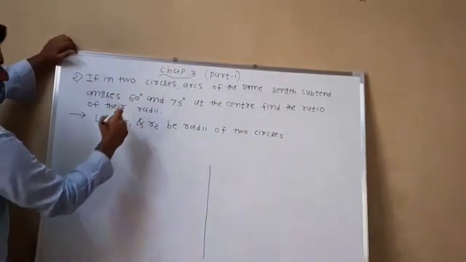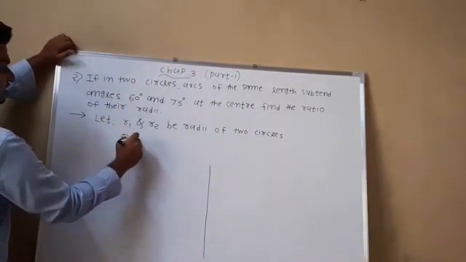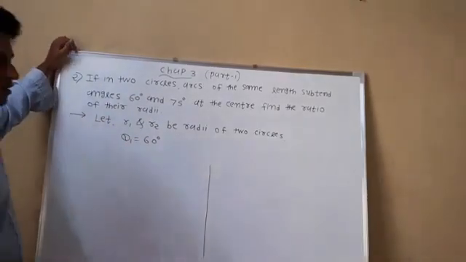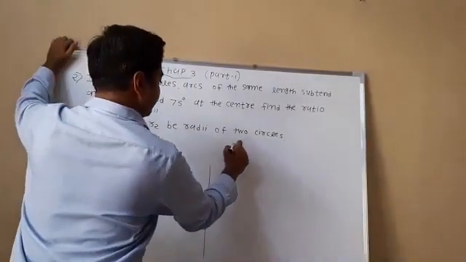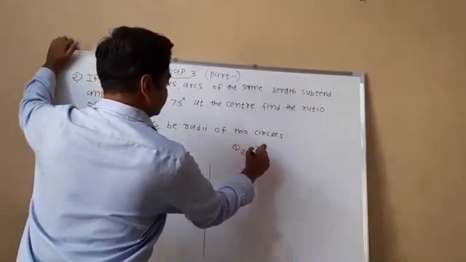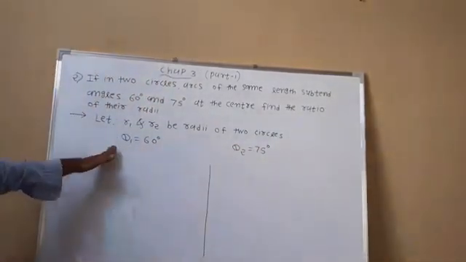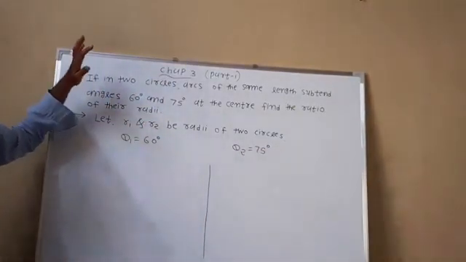Now in the first circle angle theta 1 is equal to 60 degree, and in the second circle angle theta 2 is equal to 75 degree. The arc length is the same in both these circles.